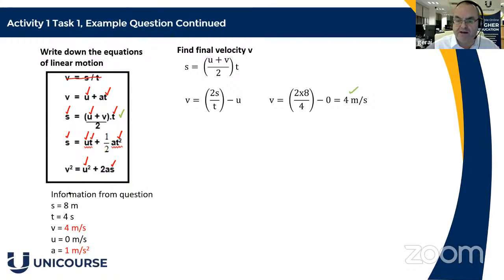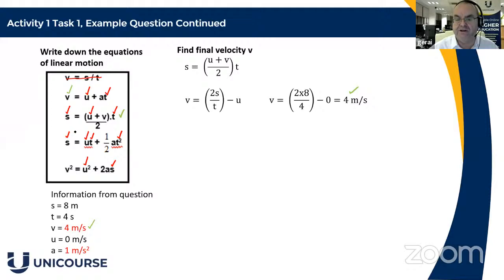Now we can put that back into our properties, and these are usually the 5 properties that we need that accompany linear motion. So we've got the final velocity, and we can put that in, that's in red. So I've already done that. So now what we can do is go back to our equations and say, right, we've got the final velocity. So we can tick that equation there.